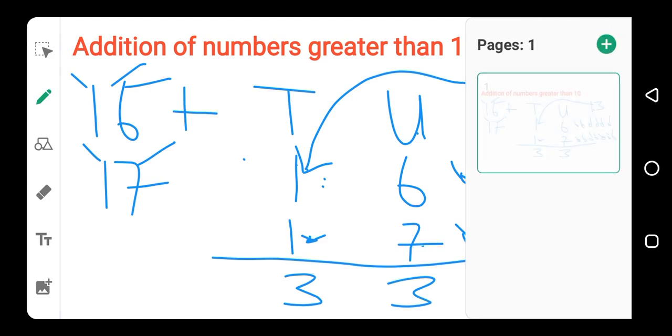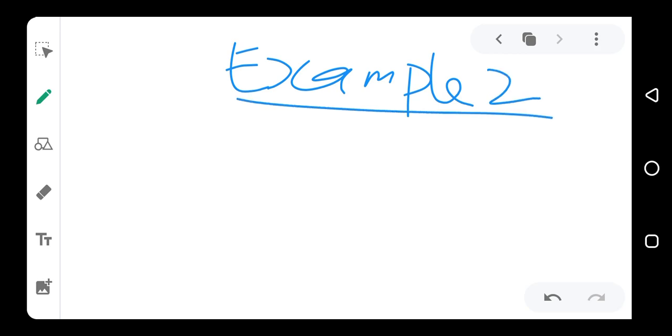Let me solve another example. If you have 22 plus 25, or 22 plus 23 plus 28, let me solve 23 plus 28.